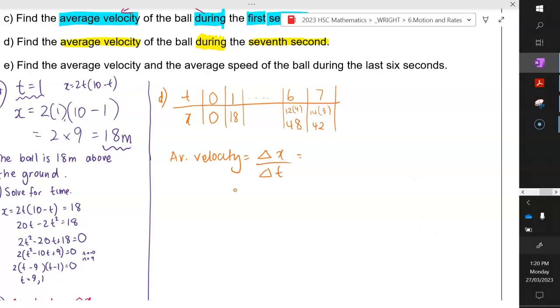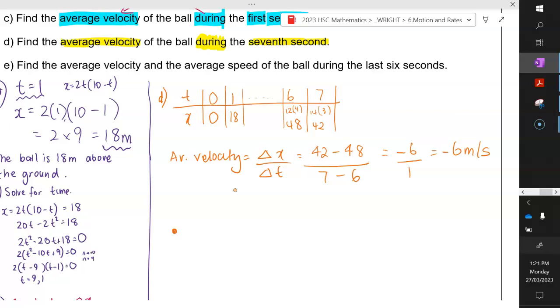My displacement has changed from 42 is where it is now, and it was at 48. And it's the 7th second minus the 6th second. So what I'm going to end up with is minus 6 on 1, which is minus 6 metres per second. So what that means is I'm travelling back towards where I started from.